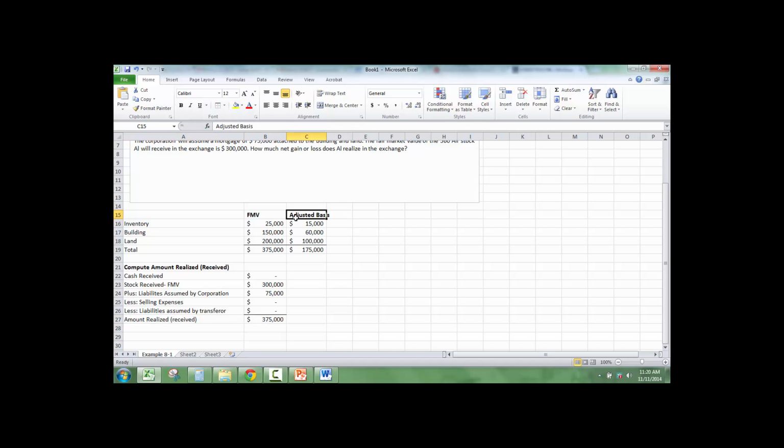We don't need to compute the adjusted basis because they gave it to us, so now we must compute the realized gain or loss.